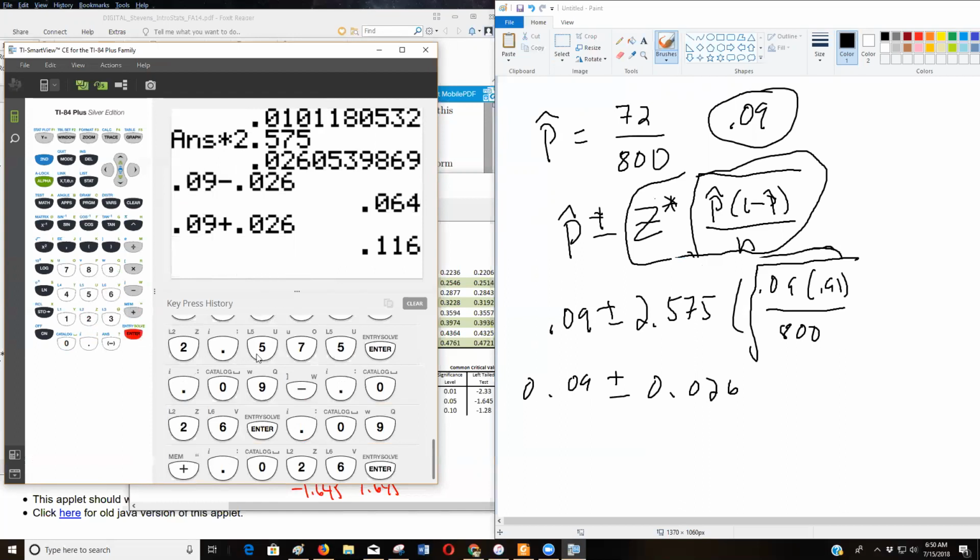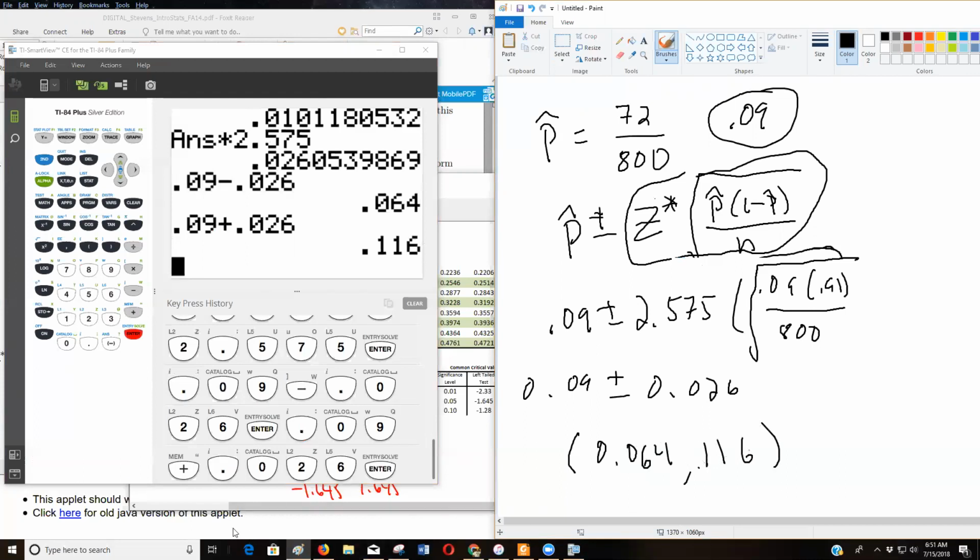So that's my margin of error. We're 99% confident that the true proportion of adults that are infected with pinworms is between 6.4% and 11.6%. Whoops, let me make it a decimal since I'm being consistent.